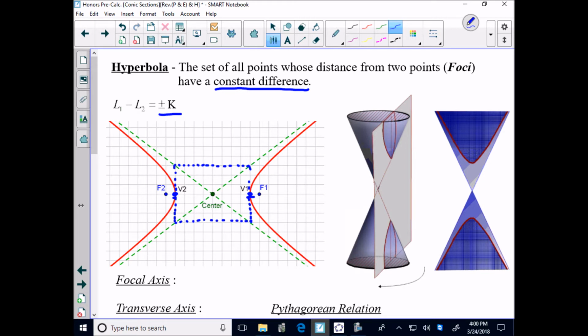Now, if we take a look at the hyperbola as a conic section, we basically have this shape right here. And if we take our conic and face it, we can see our hyperbola as these 2 open shapes that go along the sides of the conic.